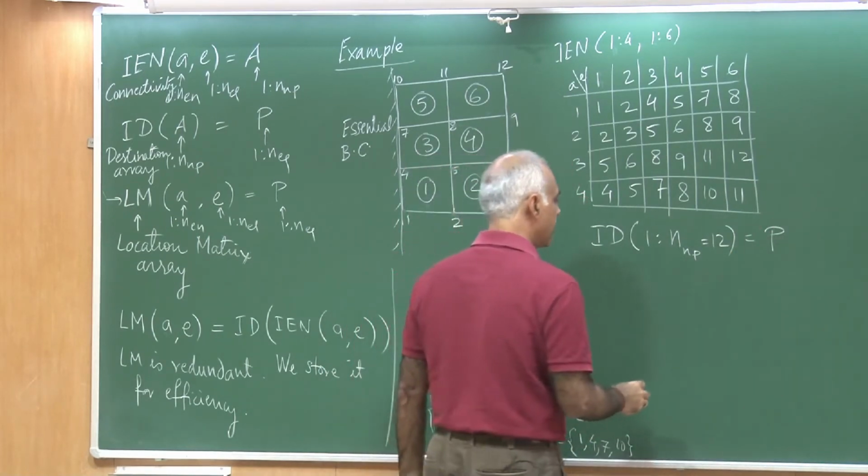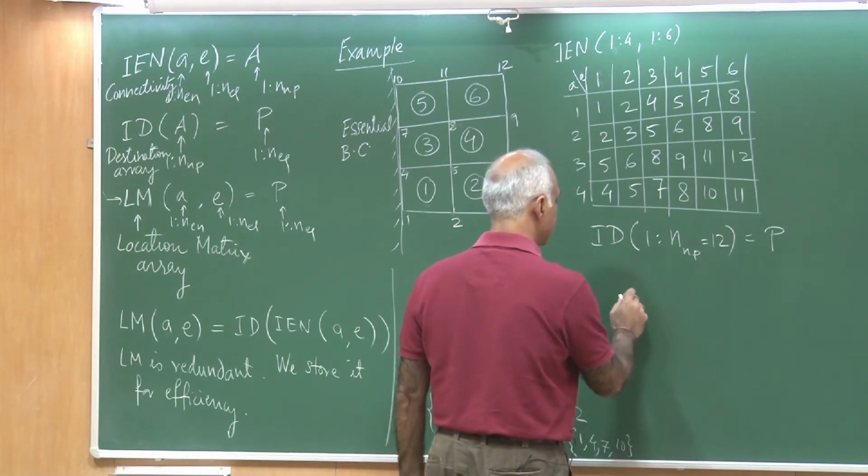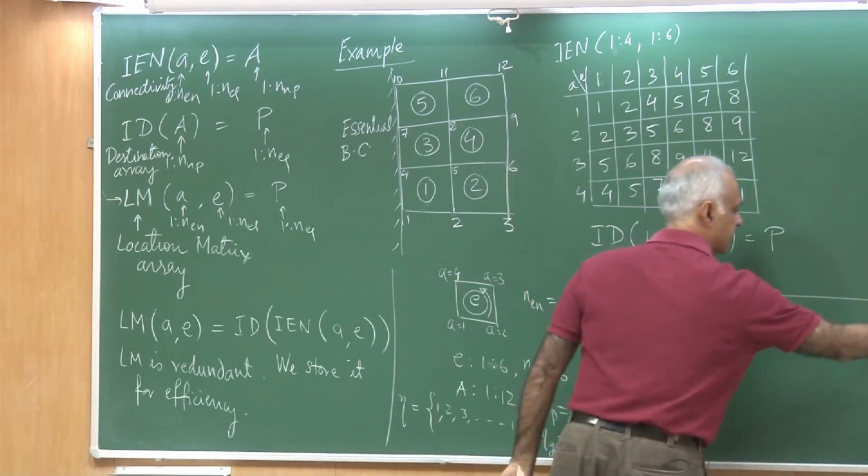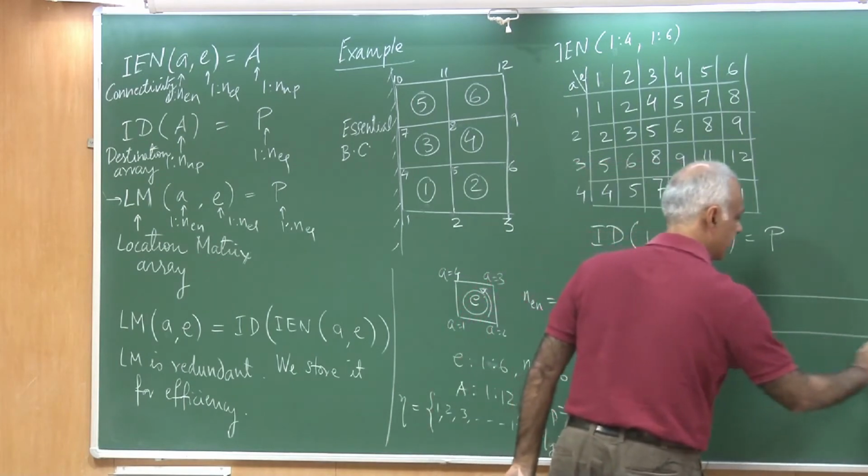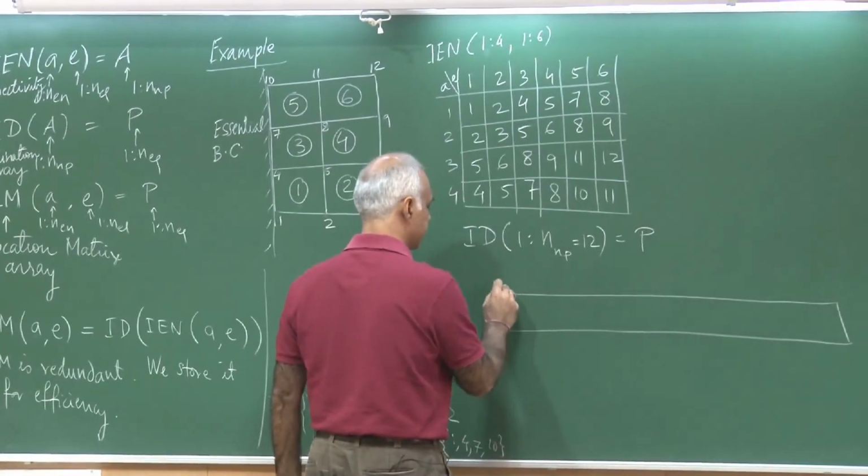So, let me therefore write down this stencil which will give me the ID array.